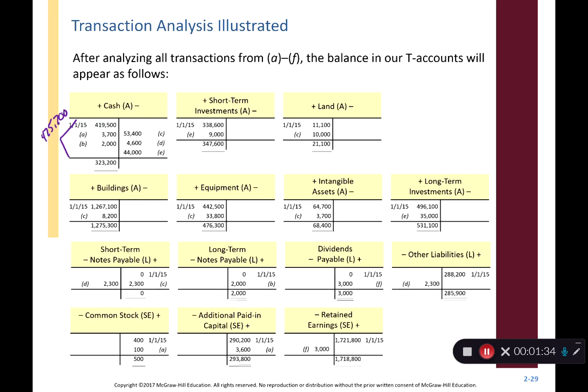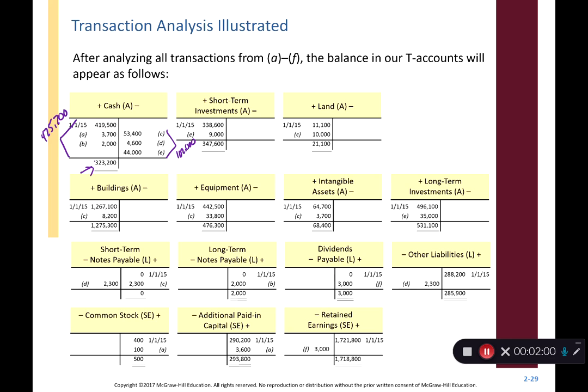And then on the credit side, $53,400 plus $4,600 plus $44,000 gives me credits of $102,000. You take the difference, so $425,200 minus the $102,000, and the bigger side wins. So we put the balance, which is $323,200, on the debit side because the debits are bigger.